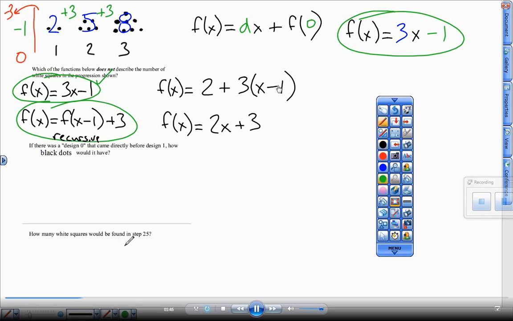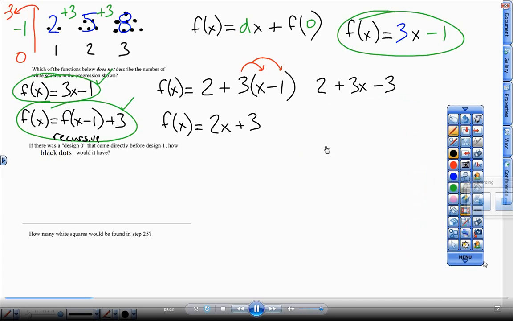These other two are a little trickier. This one doesn't look the same, but when I take this 3 and distribute it times x and -1, it gives me 2 plus 3x minus that 3. And then that 2 and that -3 from multiplying 3 times -1 combine to give me -1.